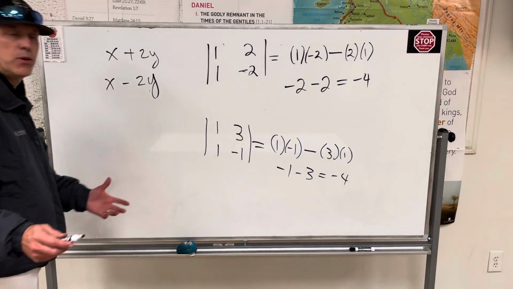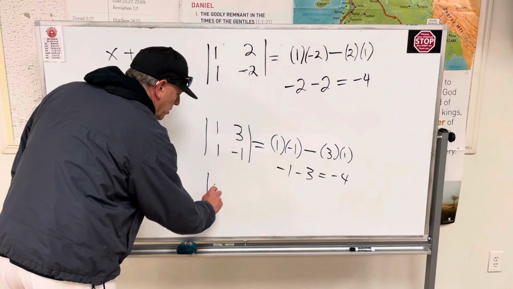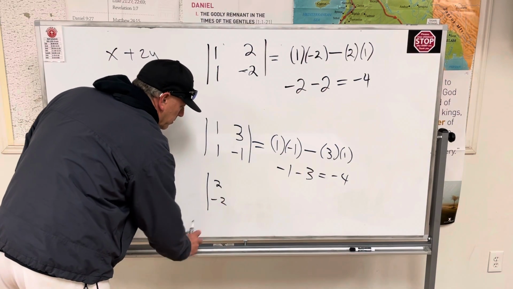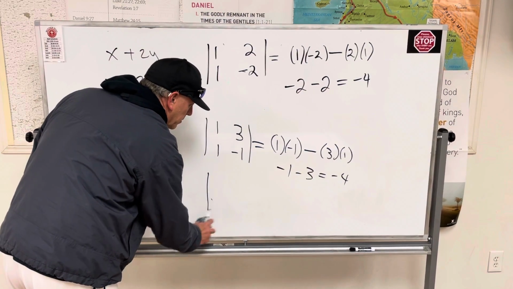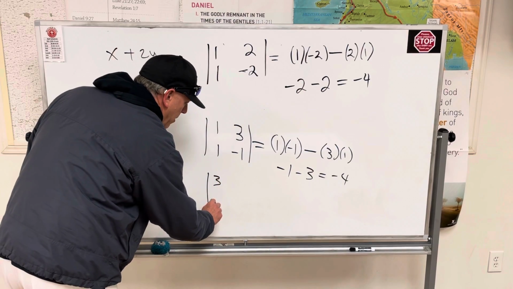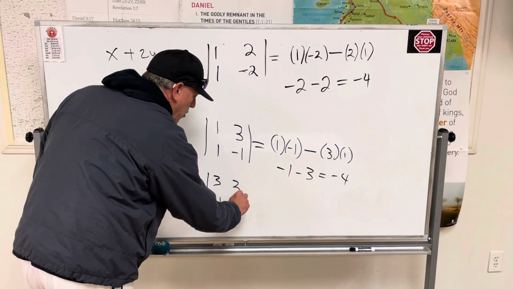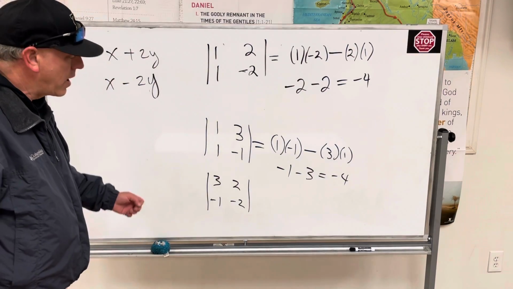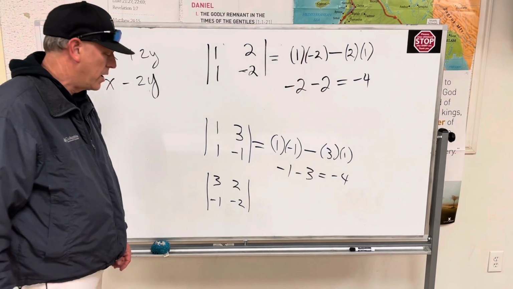And then what if we did one more determinant? What if I did this one? Sorry, 3 minus 1, 2 minus 2. And I'm going out on a limb here, but I'm expecting to get the number minus 4 again.